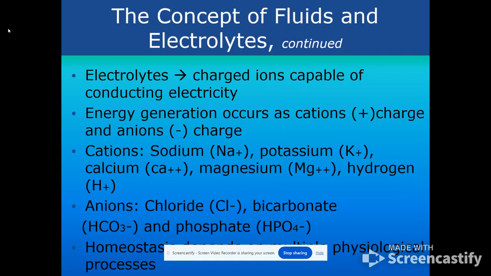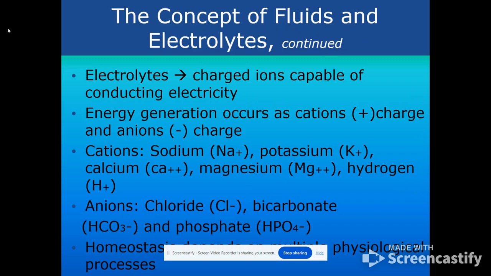With electrolytes, in the distribution and composition of body fluids, electrolytes, as we know, are charged ions capable of conducting electricity, and they are dissolved within the body fluids. They're responsible for various chemical reactions which produce energy within the body.